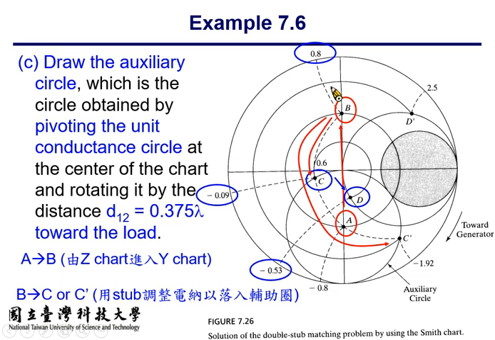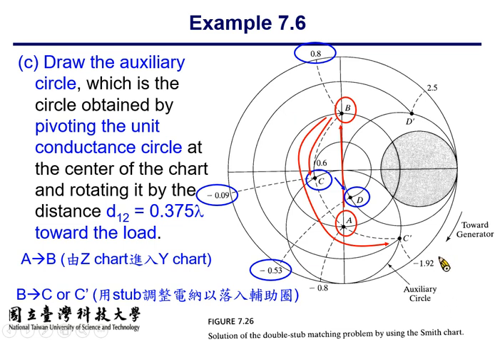So with this susceptance, you can move point B to C. You can also move point B to another intersection with the auxiliary circle, that is point C prime. What is the susceptance of point C prime? It's minus 1.92.